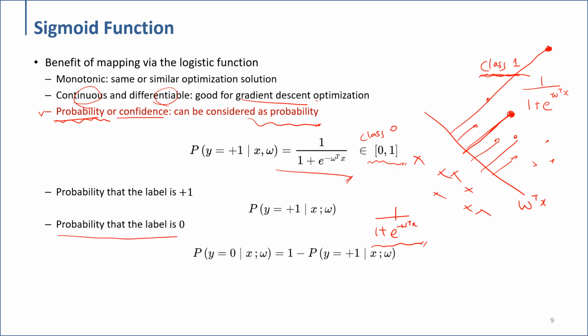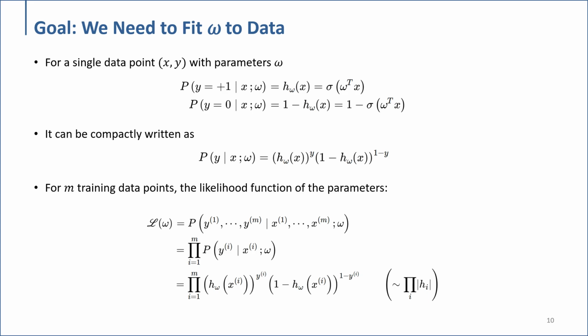The probability of class 0 is nothing but 1 minus p, where p is the probability of class 1. So again, for a single data point x, y with parameters omega, the output h omega of x is calculated by substituting omega transpose x into the sigmoid function, and this represents the probability that the data point is classified as class 1.